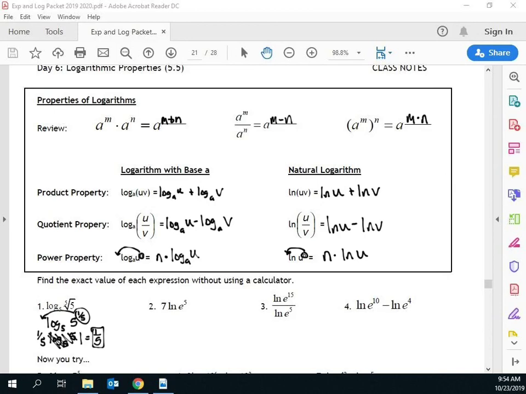On to number 2. What do we do with that 5, guys? Well, actually, yeah, what do we do with the 5? We can do that. So 5 times 7 is? What is the natural log of e?